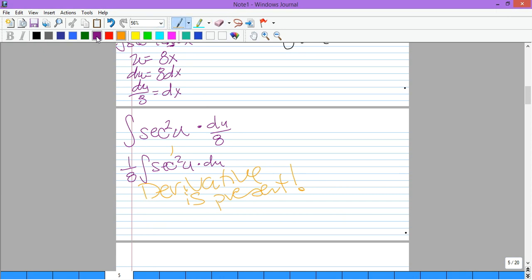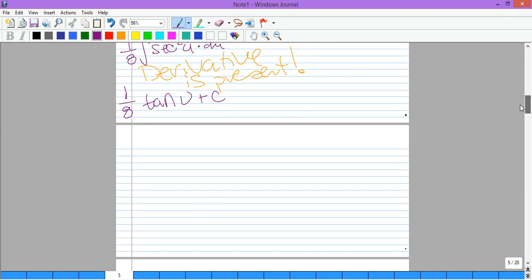So, anyways, as we're moving forward, I know that the integral of secant squared u is just a plain old singular tangent u. Okay, and then the du changes to a plus c. The integral of secant squared gives me a tangent, a singular tangent. So if I continue with that, I have to change it back to terms of x.